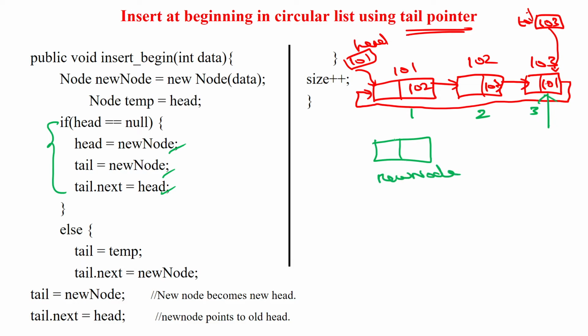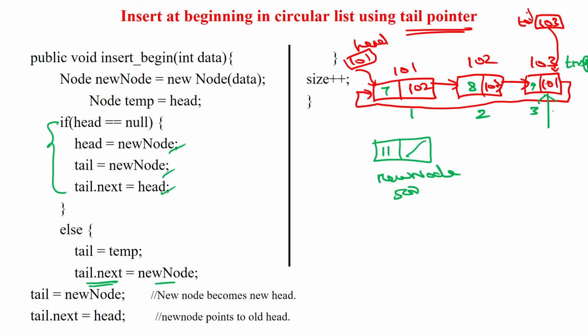So the new node has the address 500. Here the next field is null. We will assume 11 is the value. Here 7, 8, 9. Now we are assigning a temporary variable. Tail is the temporary. Then tail dot next is the new node.